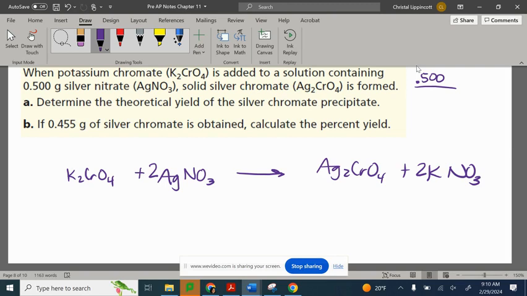I need a nitrogen, and I need 3 oxygens. 169.9. And remember, you want at least 2 or 3 sig figs down in this chart. This is my 3 sig figs. This is not 3 sig figs.